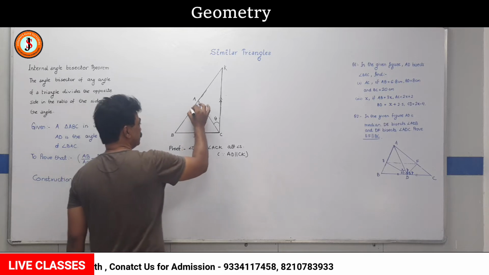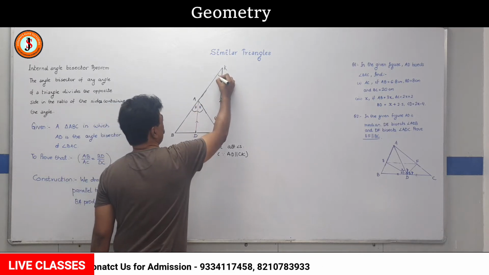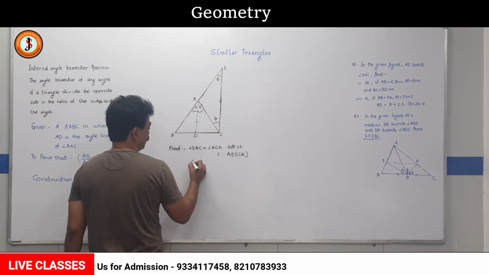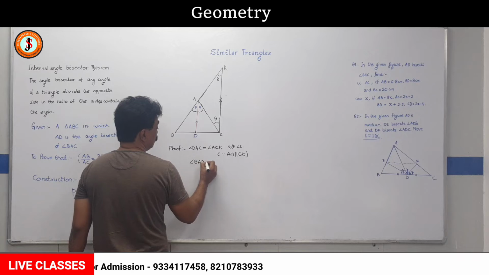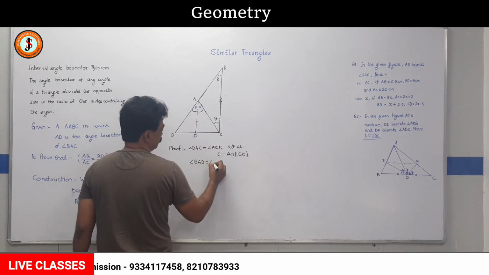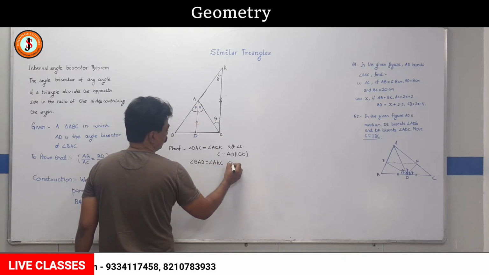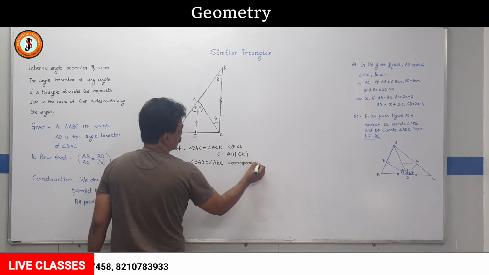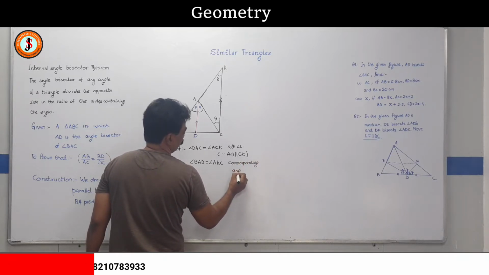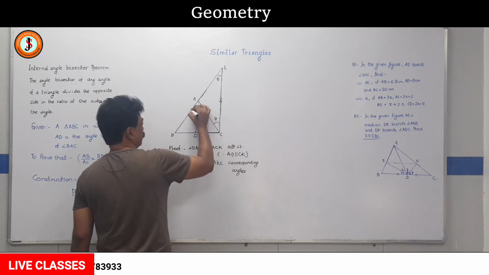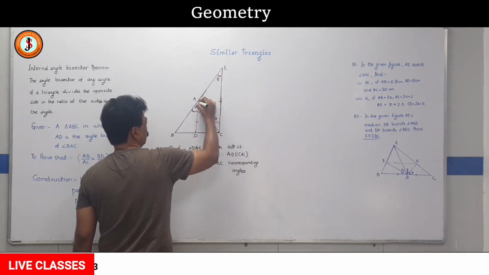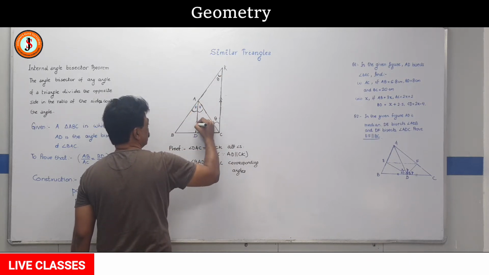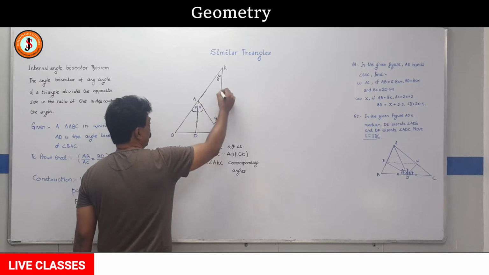Same way, this angle is equal to theta also, that is angle BAD is equal to angle AKC. Why? Because they are corresponding angles. Have a look. Corresponding angles, this angle is equal to this angle, and also this is parallel to this line.